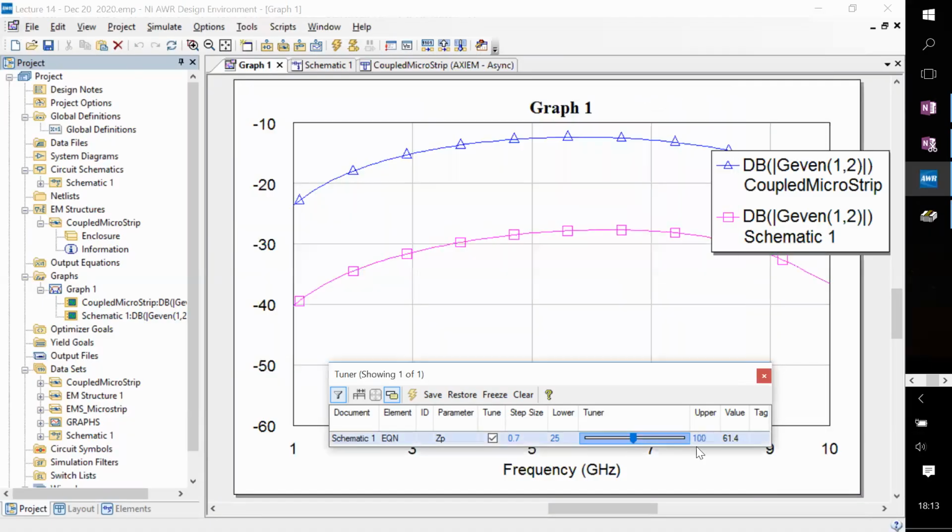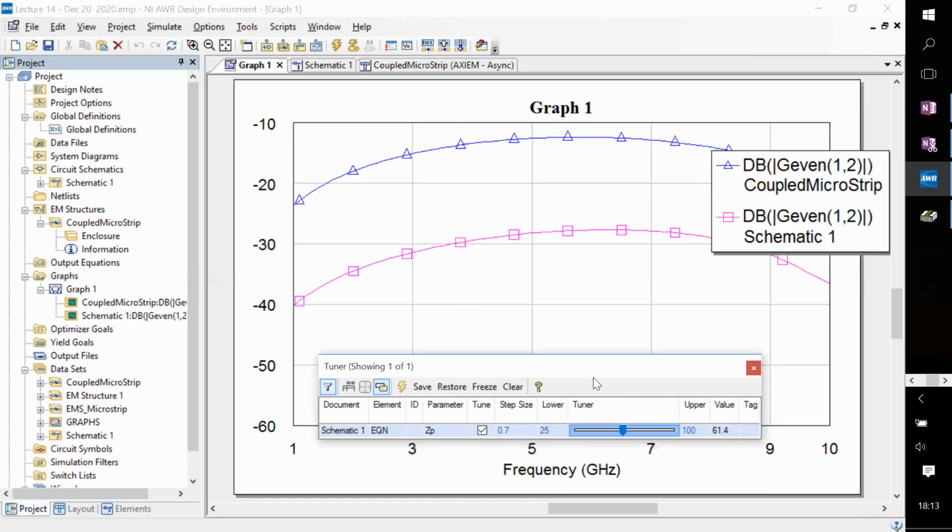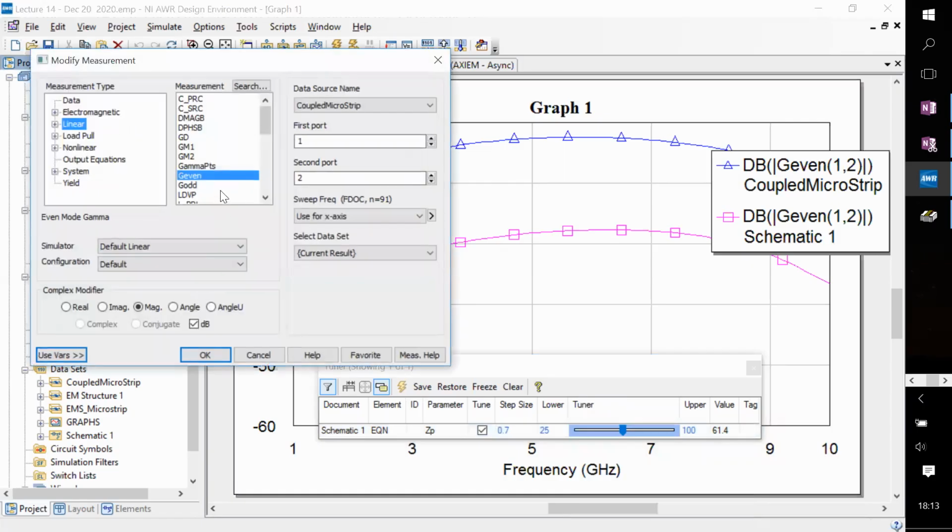It won't exactly match because, as I told you, the calculations are done very differently, but that's close enough for this to be correct. Now let's look at the G odd. So this is the same measurement.